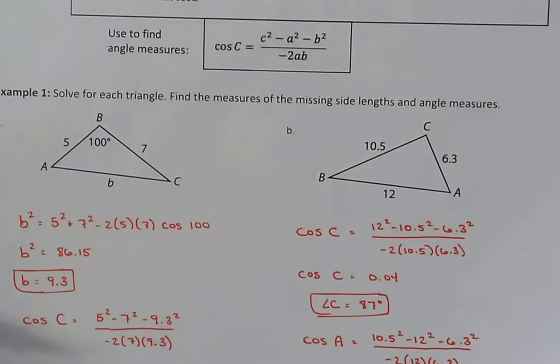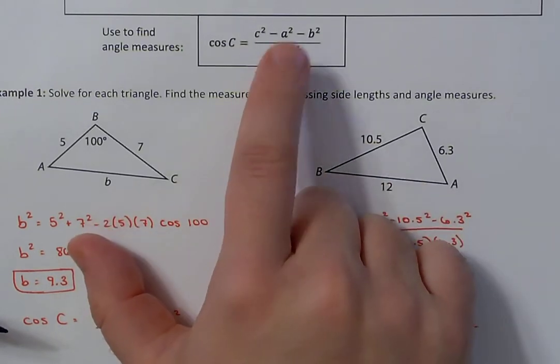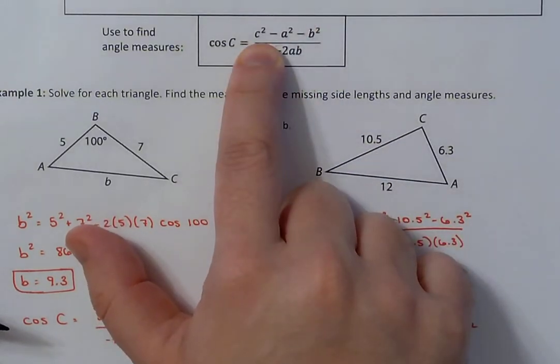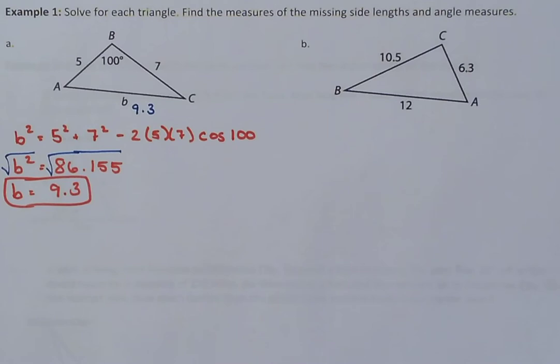Okay, because if we look at the angle measures part of the law of cosines, you have to know the length of side C, A, and B to do that. So we accomplished our first task, which is figuring out the length of B. Now that we know the length of B, all we have to do is choose whether we want to figure out C or A first. It doesn't matter which one you start with.